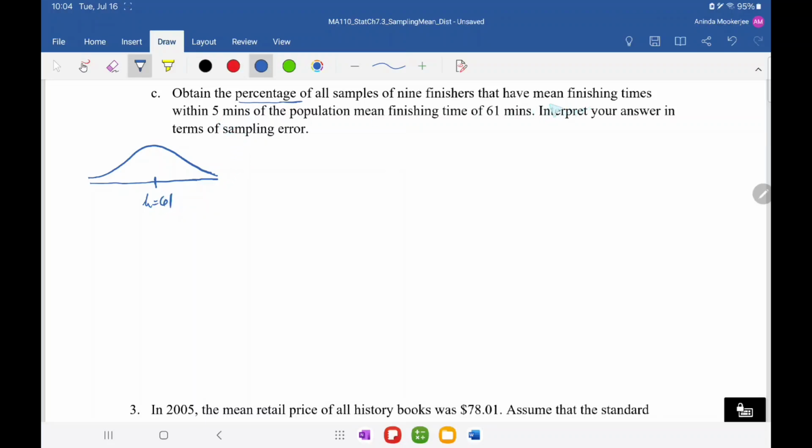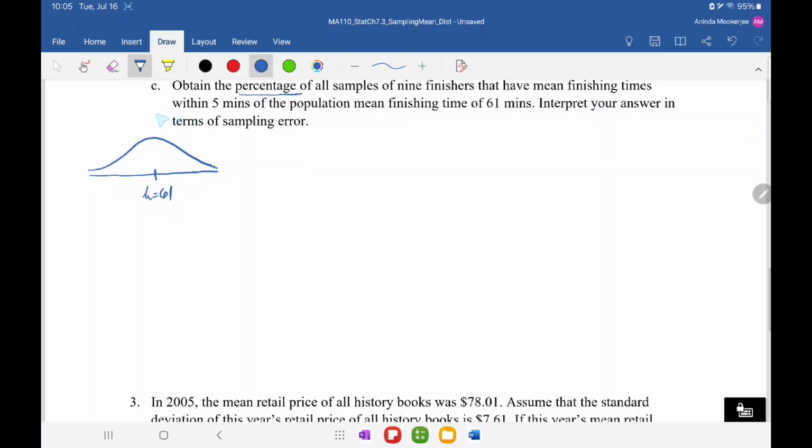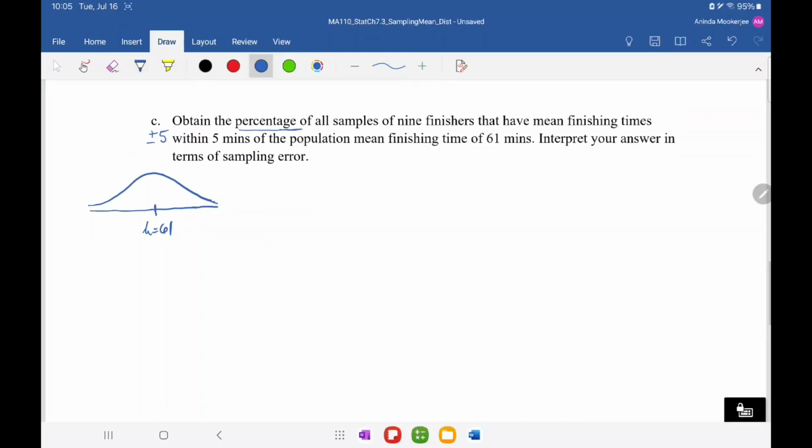The question says they want to know what percentage of runners had mean finishing times within 5 minutes. Within 5 minutes means plus or minus 5. It could be 5 minutes over the mean or 5 minutes below the mean.